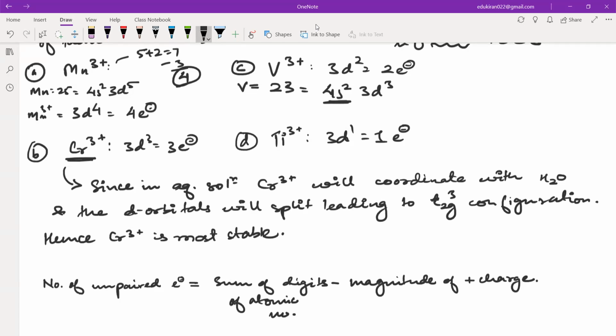Just to get it fast, nothing other than that. It is just an observation that the number of unpaired electrons in the 3d series, this is only for the 3d series.